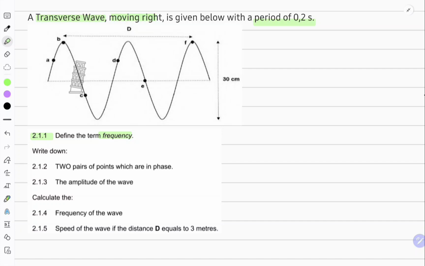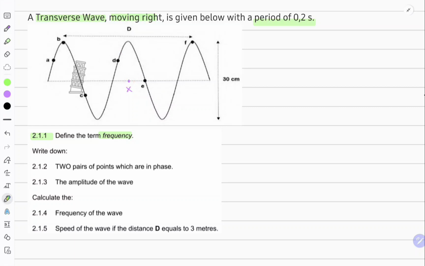So the first question says, define the term frequency. To define the term frequency, I want us to imagine a fixed point on the equilibrium, call it x. So the frequency is the number of complete wave cycles, the number of complete waves that pass this fixed point in a given second.